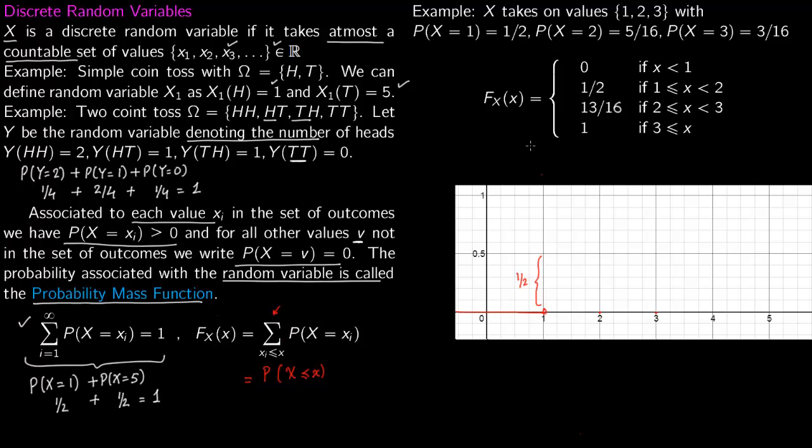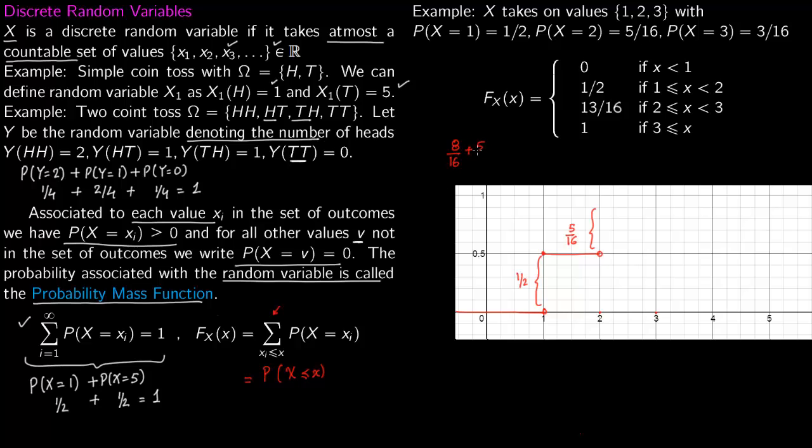Between 1 and 2 it takes value half. Again, 2 is not in the interval because there's a less than sign. So at 2 you add 5 by 16 to half. Notice that half you can write as 8 by 16.